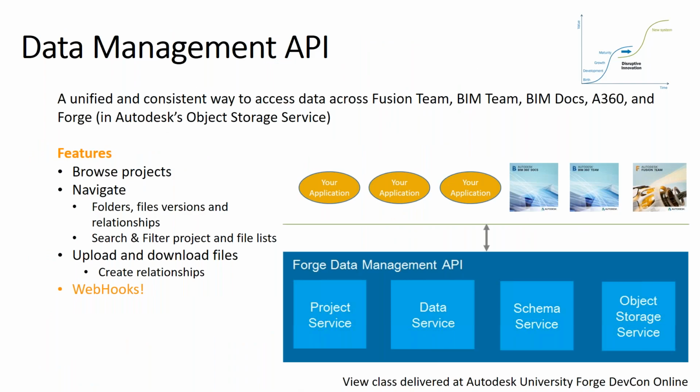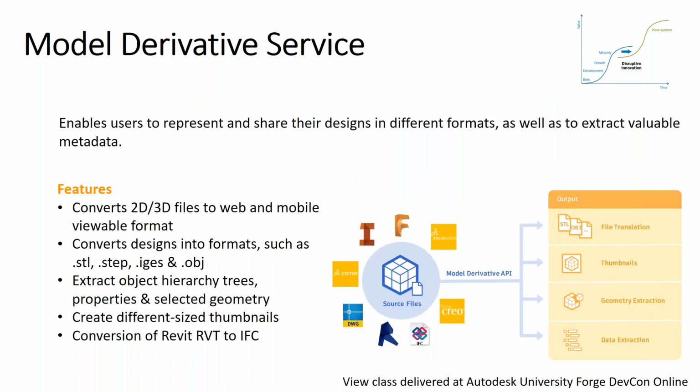Again, quickies on the Forge APIs. There's the data management API for navigating files, for pushing files back and forth between, say, BIM 360 and your cloud service or your app, or Fusion 360 or any of the Autodesk hubs, BIM 360 Team, Fusion 360 Team. Data management is the way you move files around. The model derivative is the master translator.